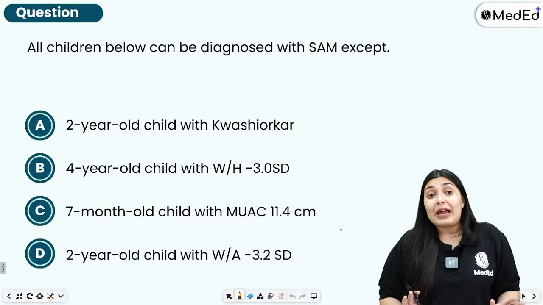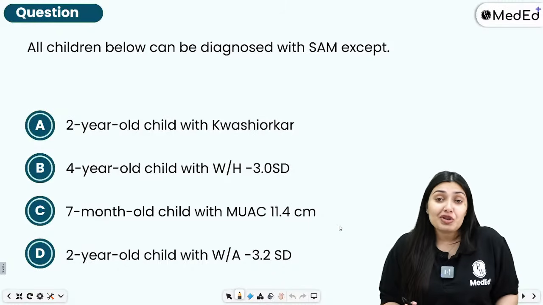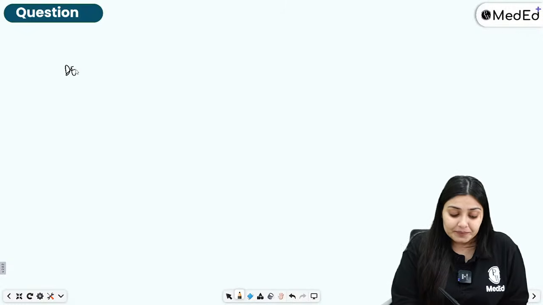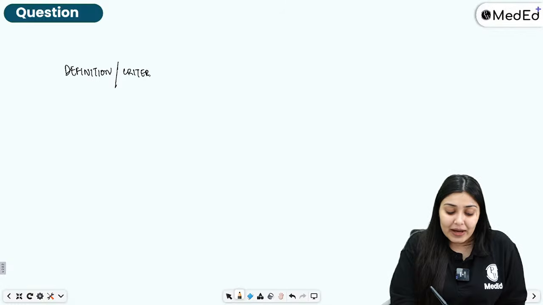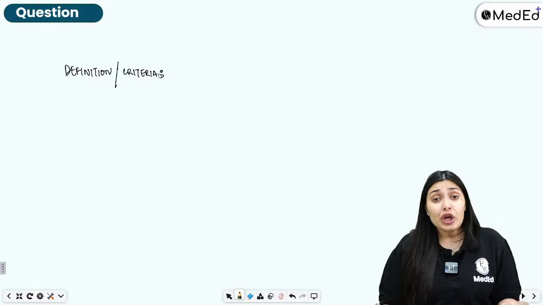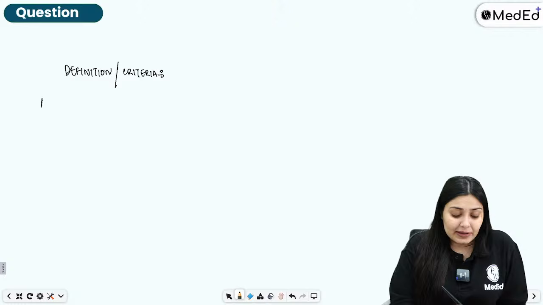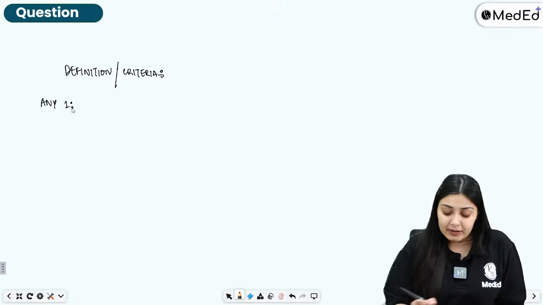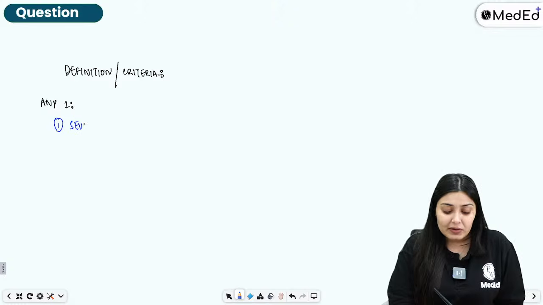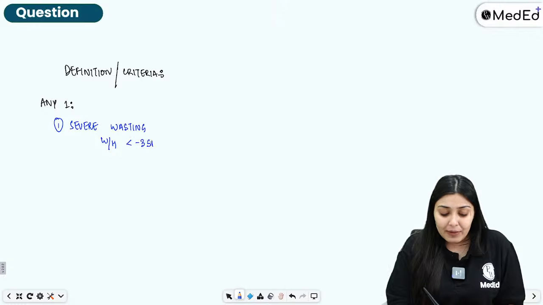So this question is primarily testing whether you know the definition of SAM or not. So how do we define SAM? What are the criteria? To diagnose a child with SAM, that is severe acute malnutrition, you need any one criterion. Either there should be severe wasting, that is the weight for height of that child should be less than -3 standard deviation.